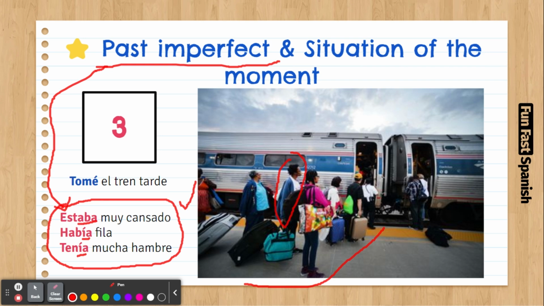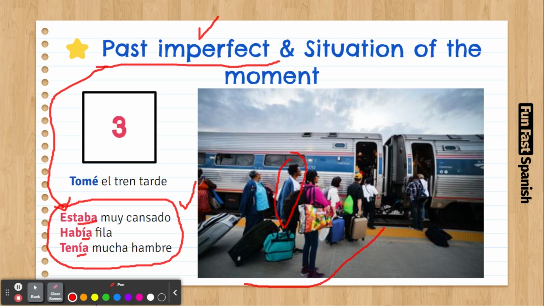So they carry on describing the moment and the moment and the moment, but there is not a next thing happening, so it gets kind of stuck. So remember, past imperfect is what poets use. It is what all of us use to describe the situation, the moment, what's going on around.